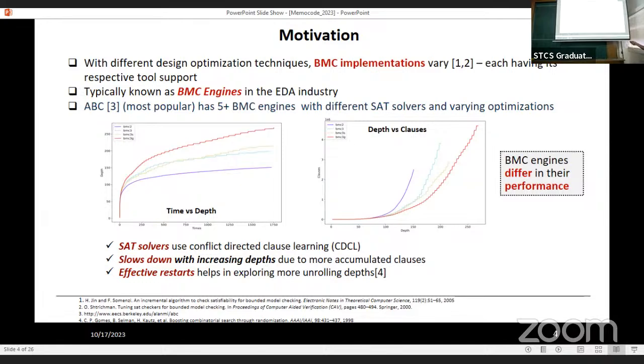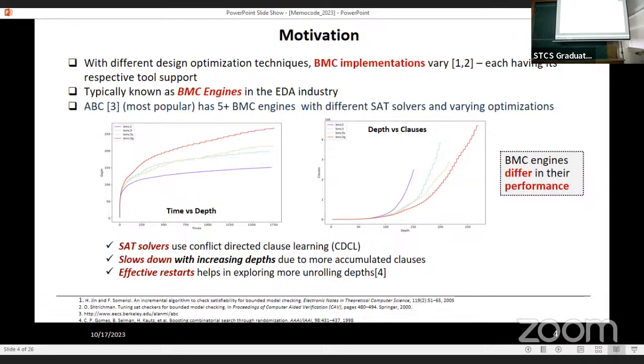And what we observed is, as you go to deeper and deeper depth into the BMC run, the BMC engine slows down. What do I mean? Okay, I'll show you with an animation. As the depth increases, quite understandably, the set of accumulated clauses also increases, and the BMC engines effectively have a slowdown.